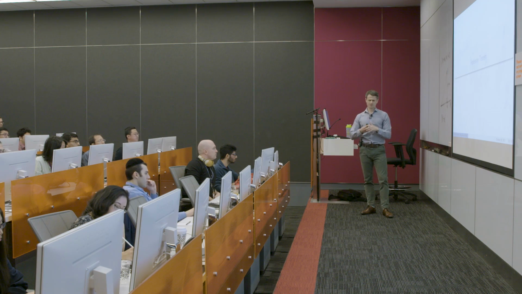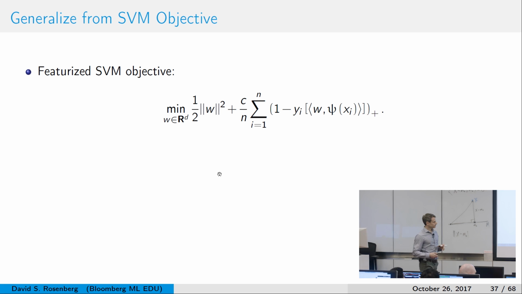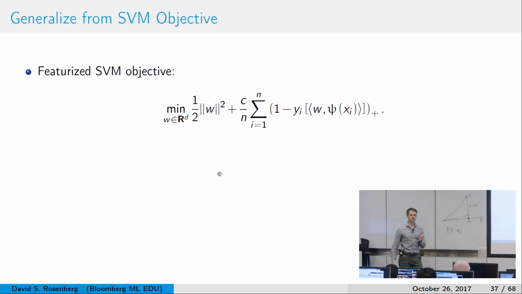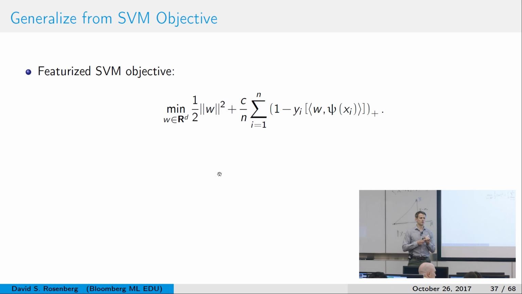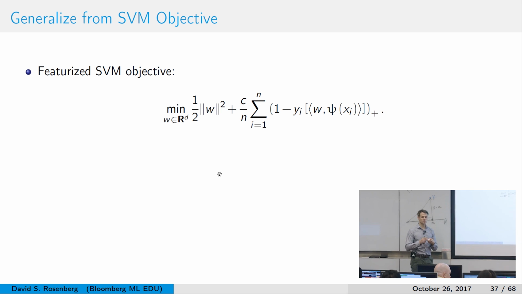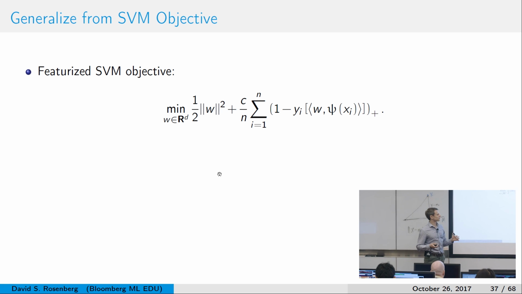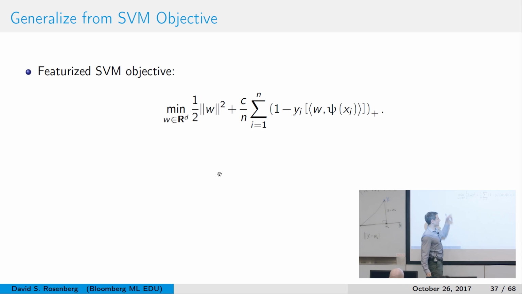All right. So what is this representer theorem I've been talking about? Let's go back again to our SVM objective function. What I'm going to do is write down a new, more general objective function, which hopefully makes things look simpler, and we'll derive some result for this very general objective function, for which this is a special case.